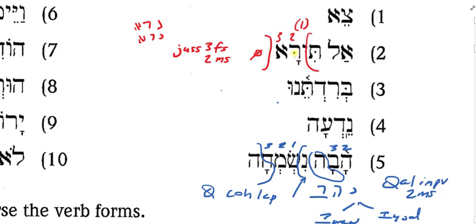Okay. If it were nara, what would have happened here? The nun would have assimilated, become a doubling dot. Doubling dot would have been kicked out, and I'd get, instead of a hireq, a tsere here. Okay. What I have here is a hireq yod. So tell me, is this characteristic of an original one yod or an original one vav verb to have a hireq yod here with my prefix?